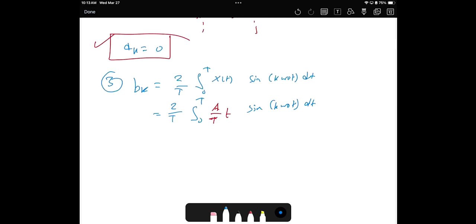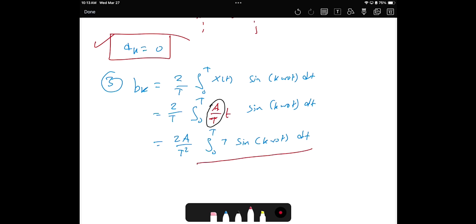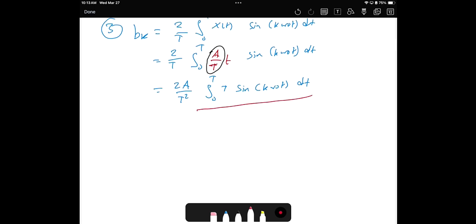Let's put the constants outside of the integral. Then this yields 2a over T squared, the integral from 0 to T of t sine k omega naught t dt. Now, how can we do the integration of this one? By parts, integration by parts again. In Fourier series, we will do a lot of integration by parts. Keep this in mind.